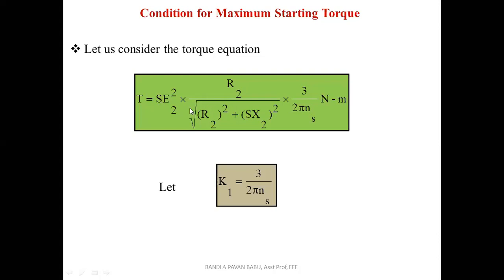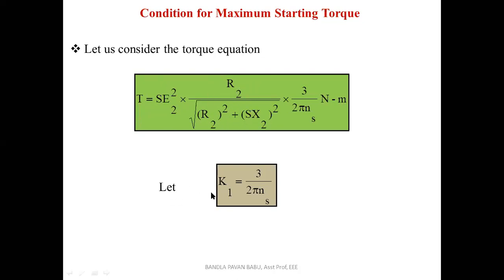This is obtained from the basic equation, T is proportional to phi into Ia into cos phi. Earlier we have seen that, and by substituting phi equal to E1, which will later be equal to E2, we finally get this torque equation in terms of the slip: S into E2 square into, so this is the value for I2 and cos phi 2.